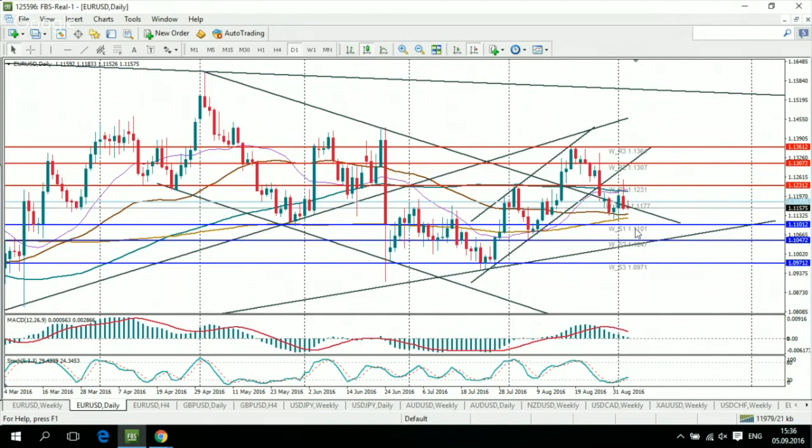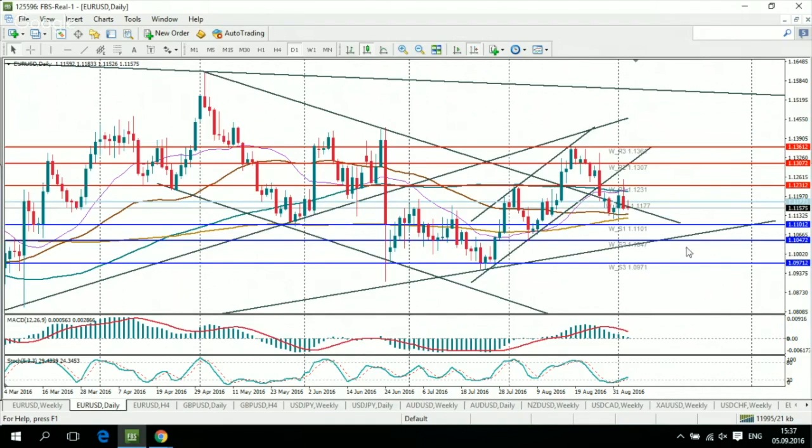So this is the level which will draw the pair, which will attract the bears to it. The next support is at 1.1047. A close on the daily basis below 1.11 will send the pair to this area. And the final weekly support, the possibility that we'll get here isn't very high.